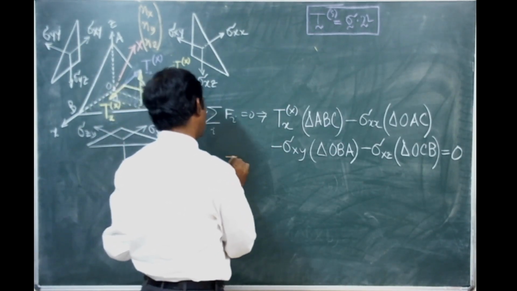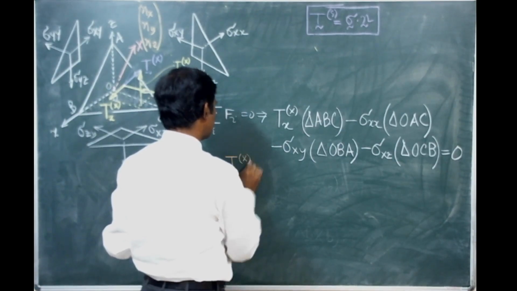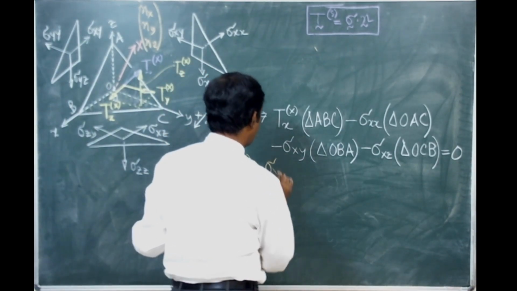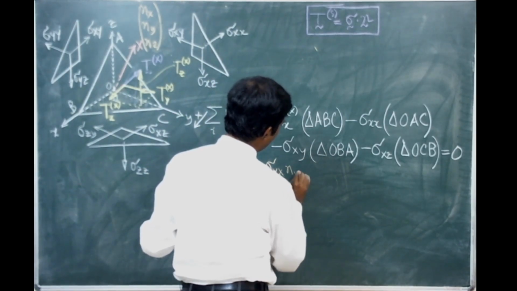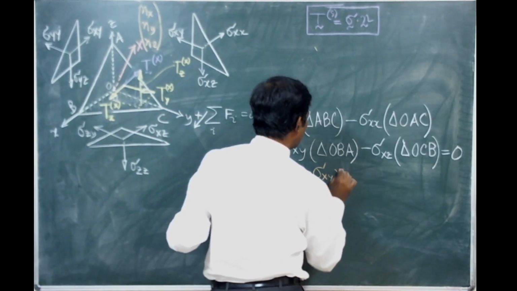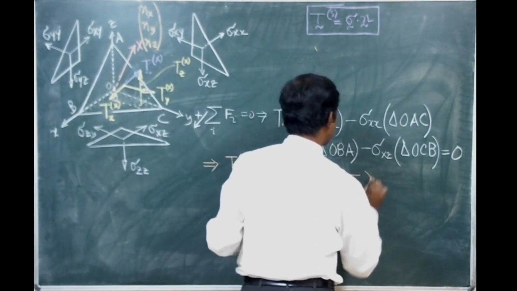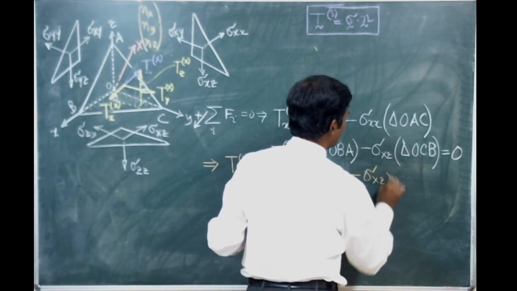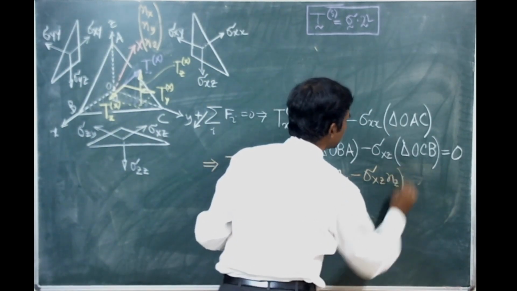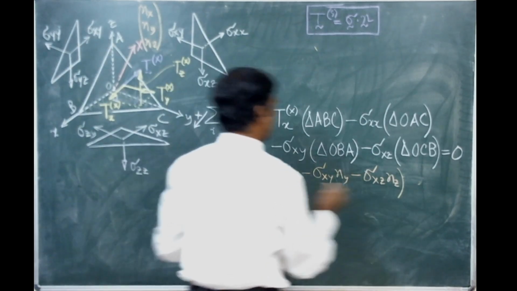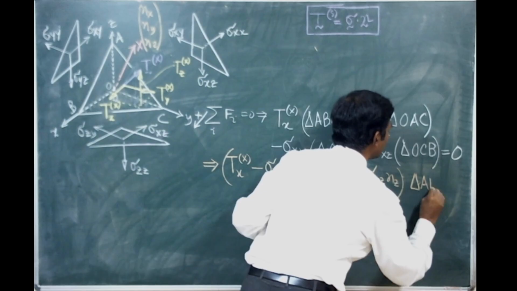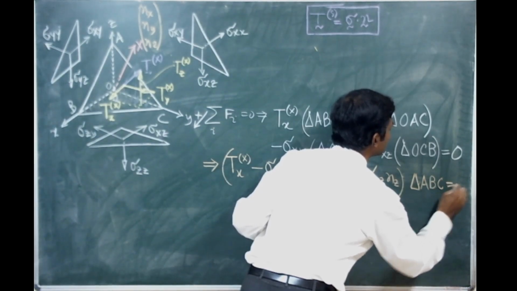If we rewrite, we get Tx of x minus sigma xx nx minus sigma xy ny minus sigma xz nz equals 0, multiplied with the area ABC equals 0.